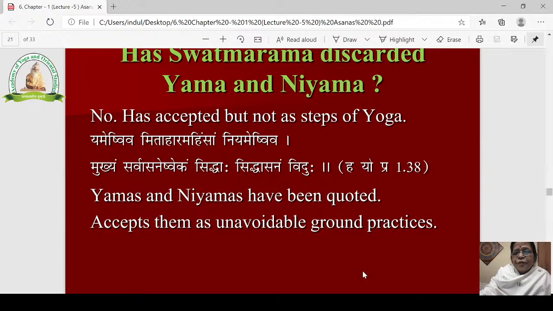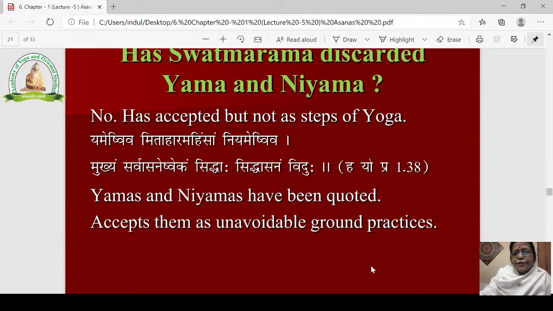Yama is the eradication or removal of animal instincts, and niyamas are positive virtues, the culture or development of positive virtues, which help in proceeding on the path of yoga or any spiritual practice. These two, yama and niyama, are unavoidable.